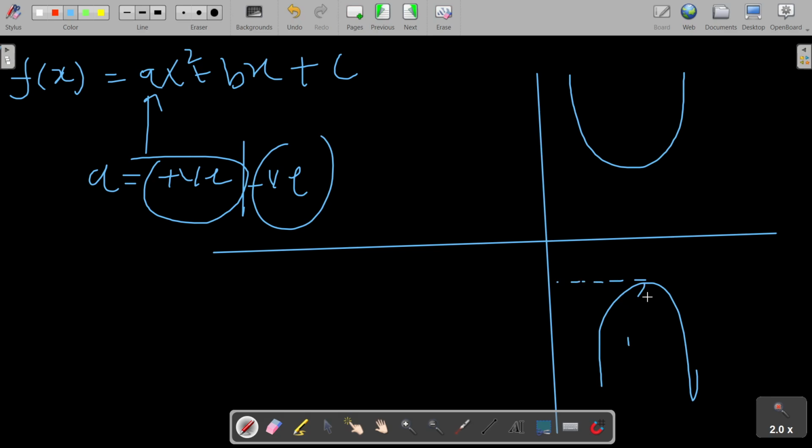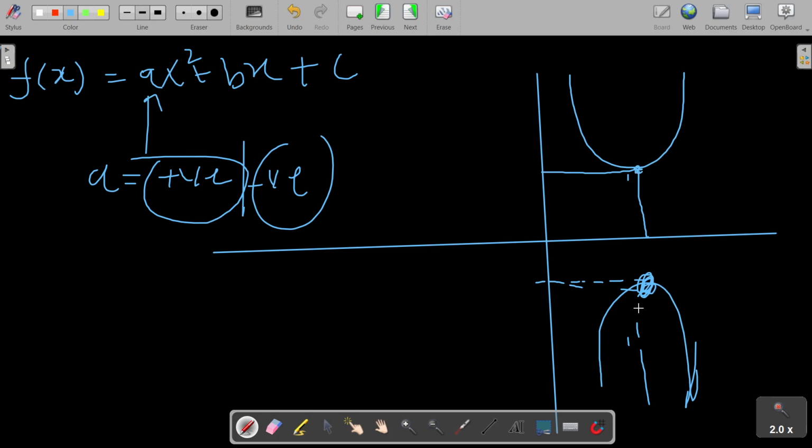So that means if a is negative, then this point is the maximum point for this curve, for this equation. This point, the lowest point of this curve, is known as the vertex.